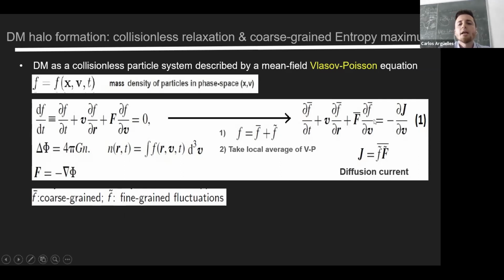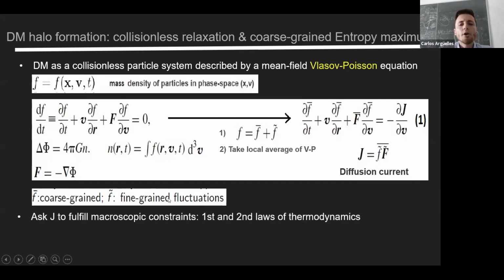Then you replace, and you can show this equation with the left-hand side resembles the Vlasov-Poisson, but in the right-hand side appears a diffusion current where we have put all the fine-grained fluctuations averaged. And so what we'd like to solve is the most likely distribution function at coarse-grain level at equilibrium due to self-gravity.